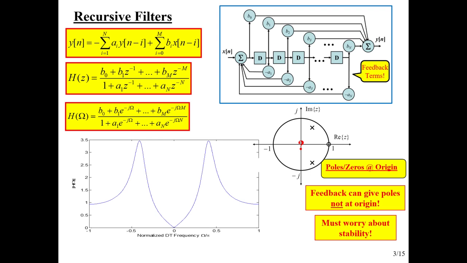Now, looking at the pole zero diagram, or just looking at this, or using the freqz command, one way or another, we can get the frequency response. I'm plotting it versus omega divided by pi. That's a trick I like to do. So the 1 here really corresponds to omega being equal to pi.